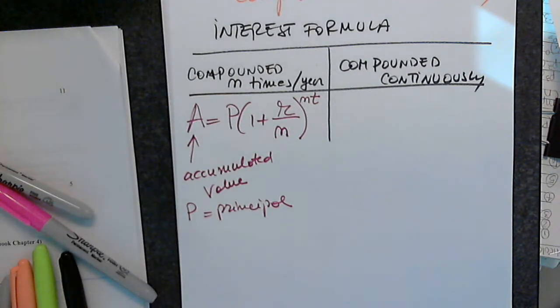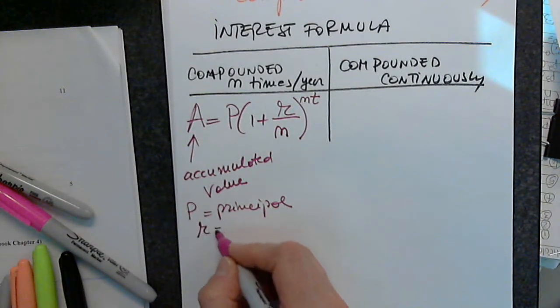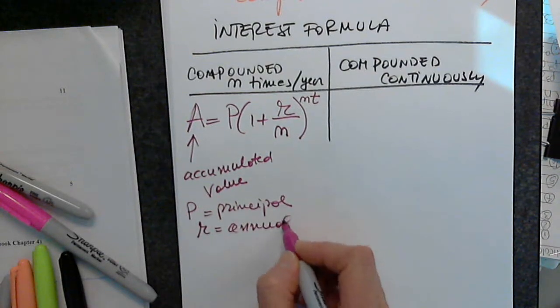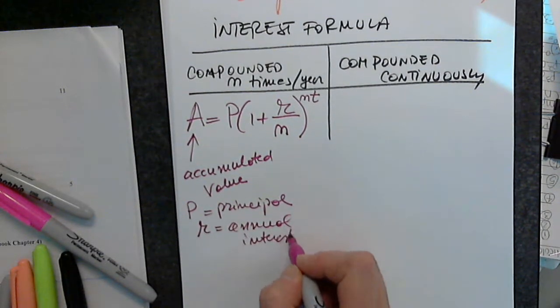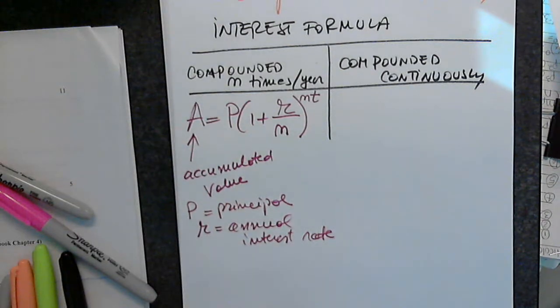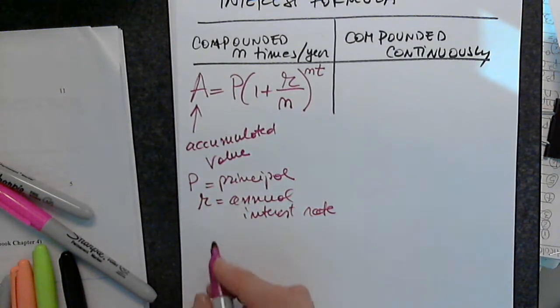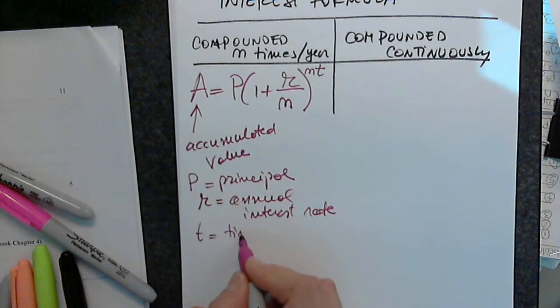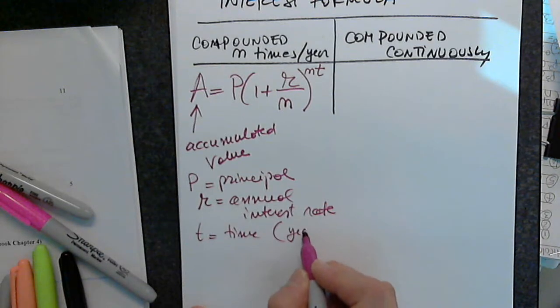The formula works if I deposit money. The principal is the amount of money I deposit, and also works if I take a loan. That's still the principal. r is the annual interest rate. t, time in parentheses in years.